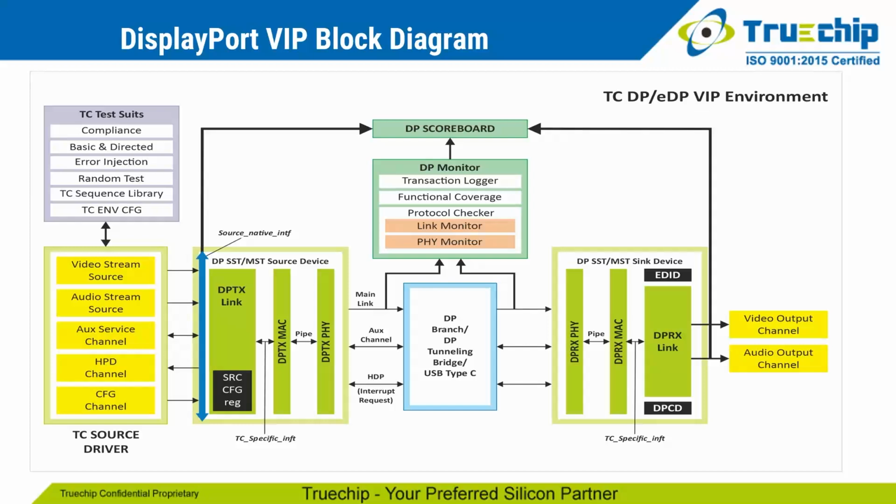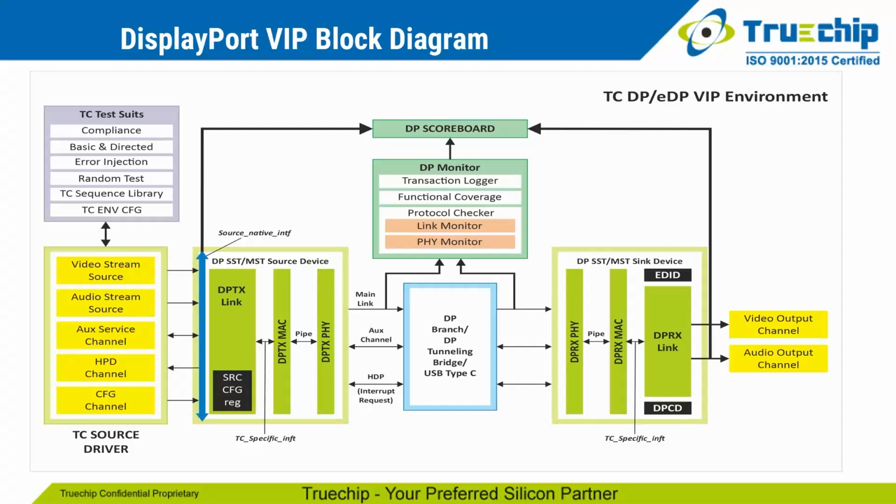The DP SST/MST source device has the AUX channel, HPD interrupt request, and the main link. Between the DP source device and the DP sink device, there can be support for a DP branch device, tunneling bridge, or USB Type-C.